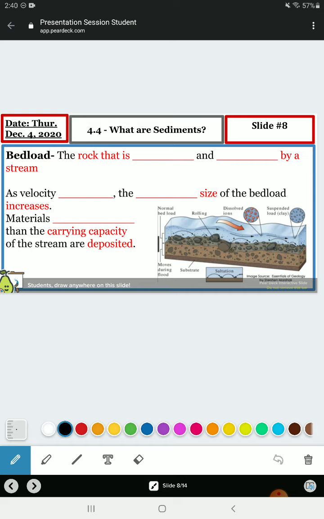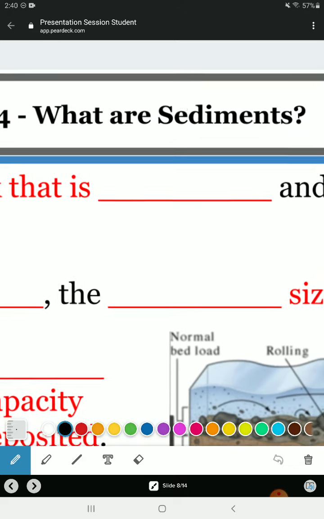Our next vocabulary word is bedload. Bedload is the rock that is suspended and carried by a stream.